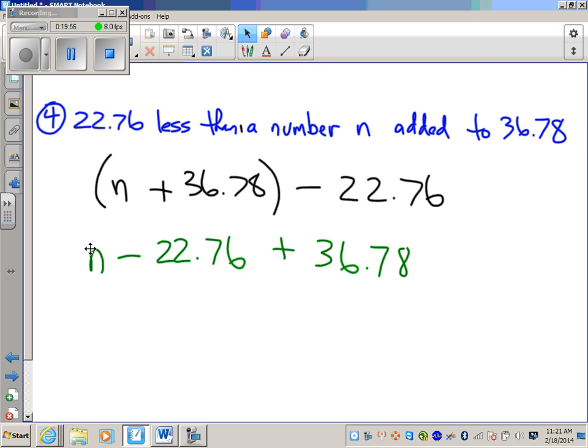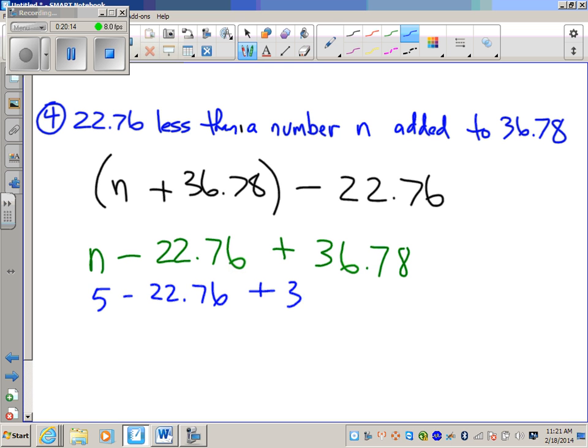Okay, what's the problem with that, though? What's the major issue there? So if we were to keep it this way, and I would do 5 minus 22.76, if I take 22 away from 5, I'm going to end up way in the negative, right?